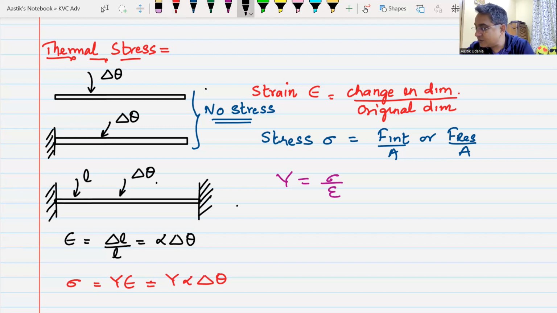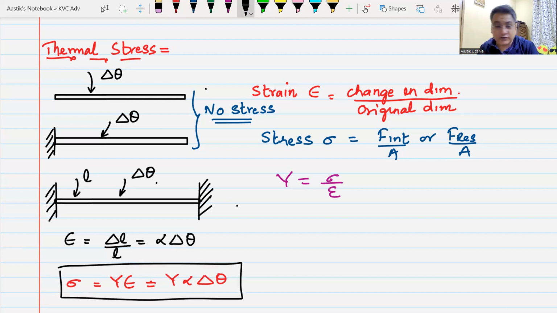Yes, sir. This is known as the thermal stress. The thermal stress in this rod. So when the rod is not allowed to expand, stress is created because of the strain created in the rod, and that is known as thermal stress. Do we understand this? Yes, sir.